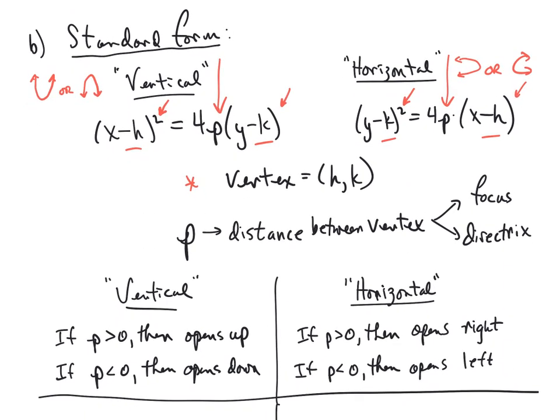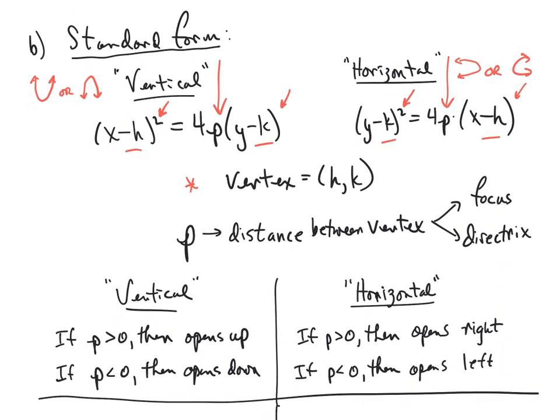Okay? Now a little more information about that p before we move on. For the vertically opening parabolas, we said that the parabolas could either open up or down, and it all depends on the sign of p. If p is greater than 0, in other words positive, then we have a parabola that opens up.